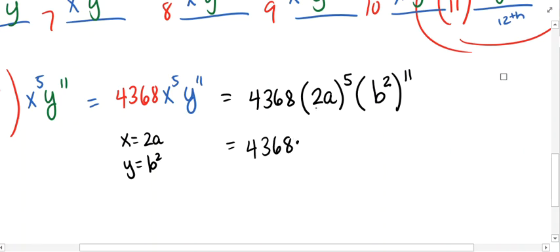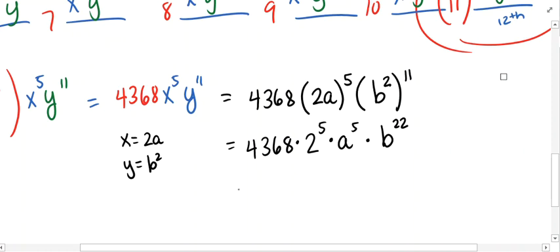The 2a, that entire quantity, is being raised to the 5th power, so we need to raise the 2 to the 5th power as well as the a to the 5th power. And then the b squared is being raised to the 11th power. You have a power being raised to a power, so you need to multiply the exponents. So this is going to be b to the 22nd power.